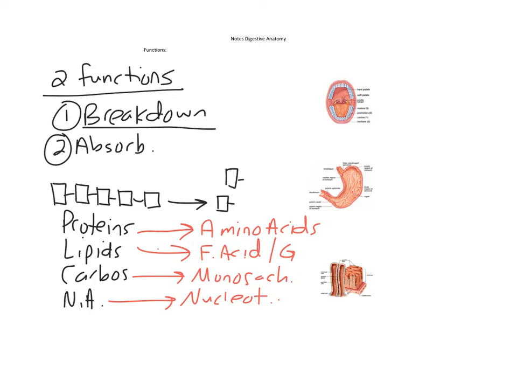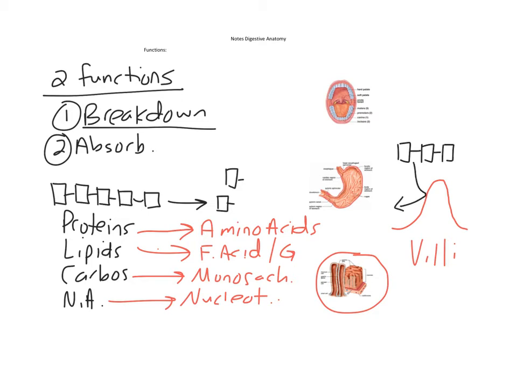All right, so that leads us into absorption, because in the small intestine, and actually this is a picture of it right here, in the small intestine are these little bumps, and that's where absorption takes place, on those little bumps called villi. And what happens is that the large molecules can't get into the little cracks into the villi, which the blood is right underneath, so they can't absorb into our bloodstream.